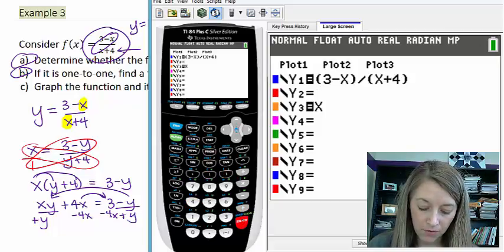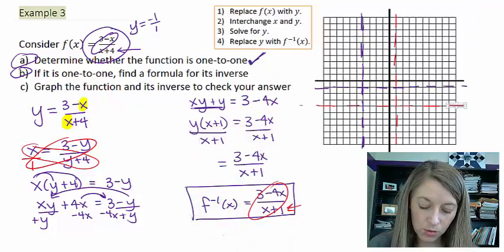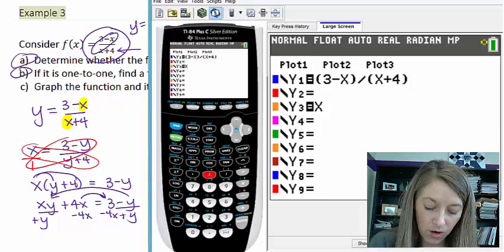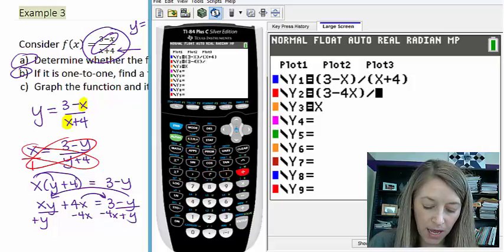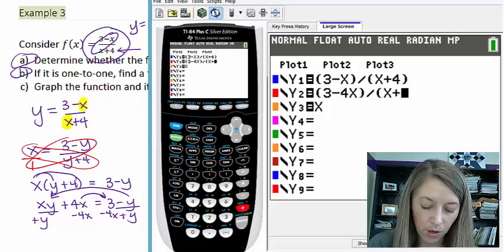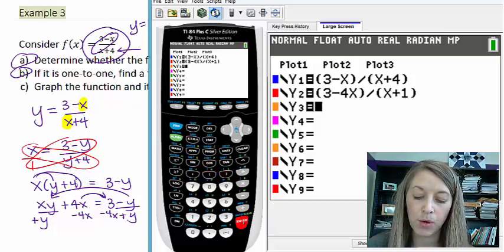And then my inverse is 3 minus 4x over x plus 1. Remember, you need to insert the parentheses. Otherwise, your graph is going to graph it incorrectly.